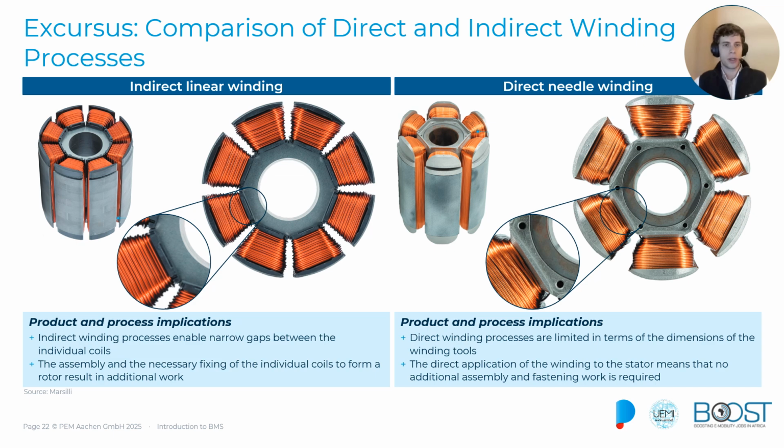To summarize the rotor winding technologies, we compare the direct and indirect winding processes. Indirect winding involves wrapping wire around a separated form or bobbin before transferring it to the rotor, for example with the linear winding.